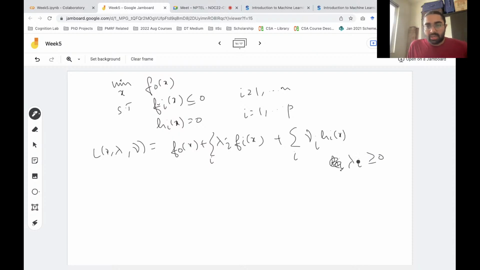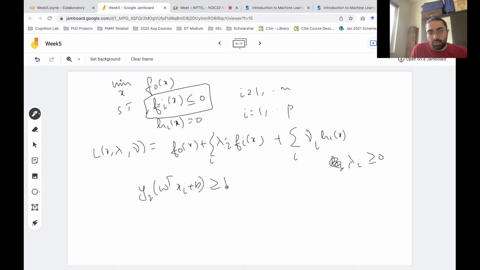Yep, this is what it is. So basically your constraint has to be in the form less than or equal to 0, and then you can use this plus lambda, where lambda is more than or equal to 0. That's the idea. What ends up happening is, you have y i times w transpose x i plus b greater than or equal to 1.